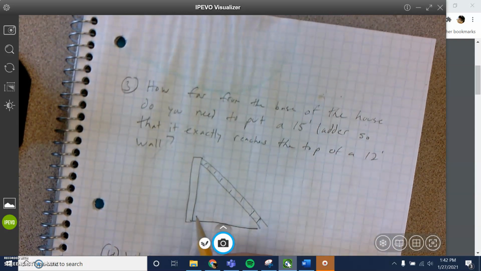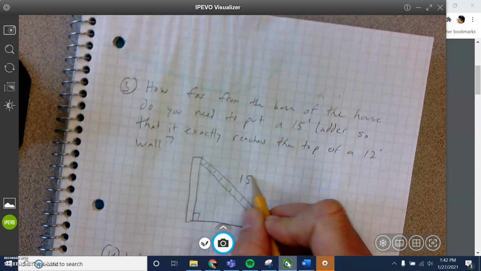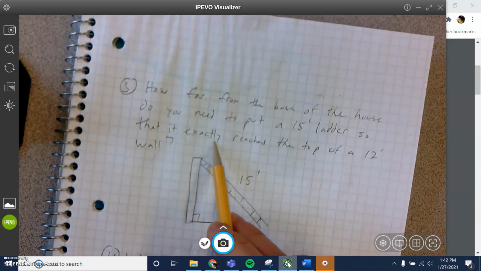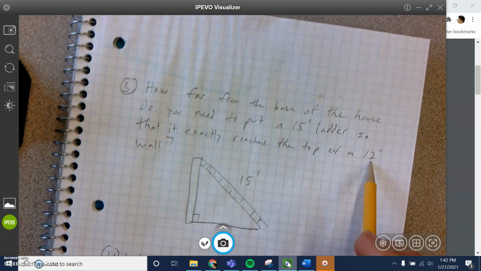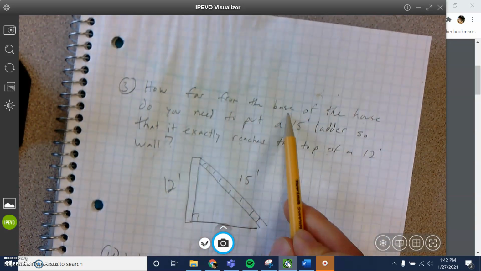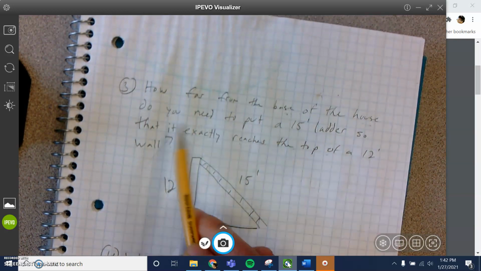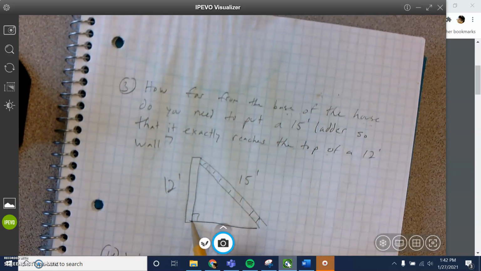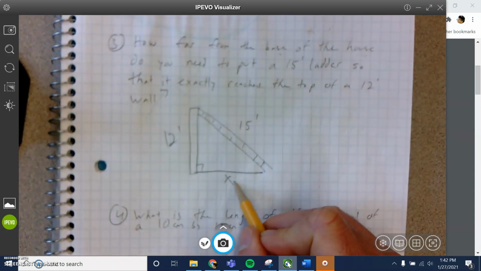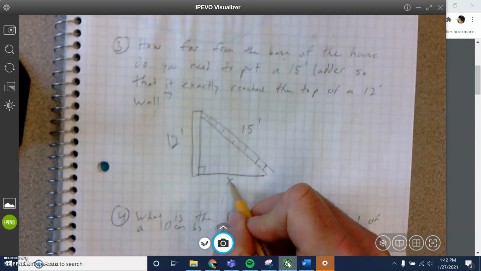So, right angle. The ladder is 15 feet, and it exactly reaches the top of a 12-foot wall. How far from the base? Base means the bottom of the house. So that's x in this case, right here. This is x, so this is a leg.